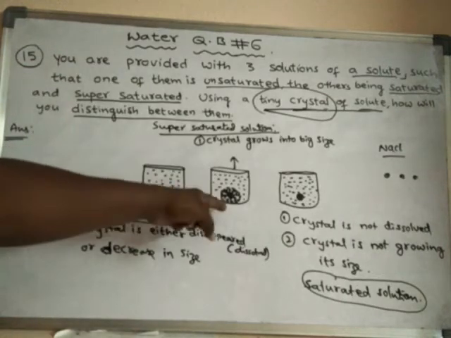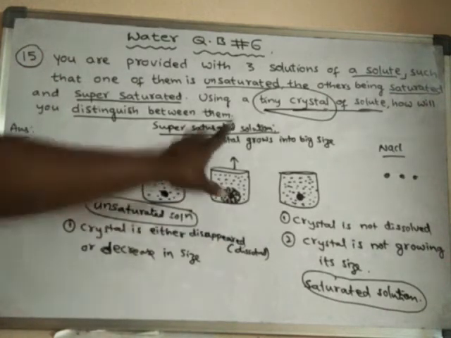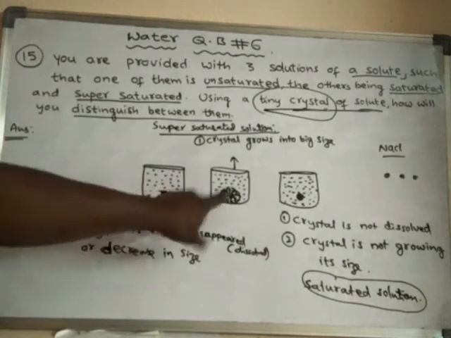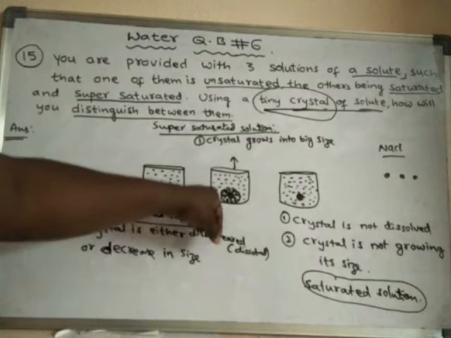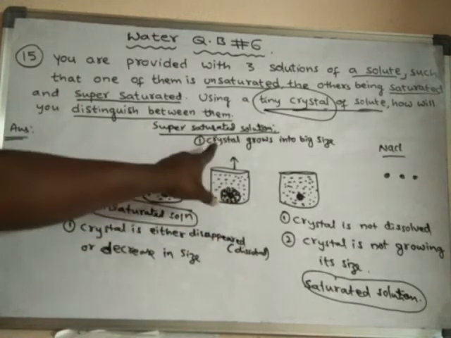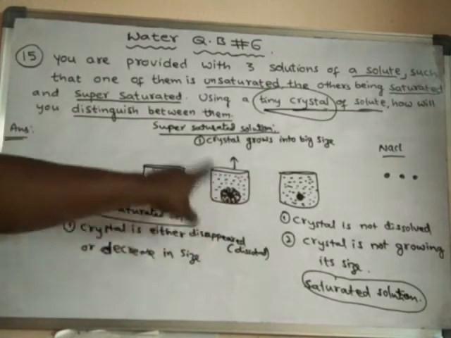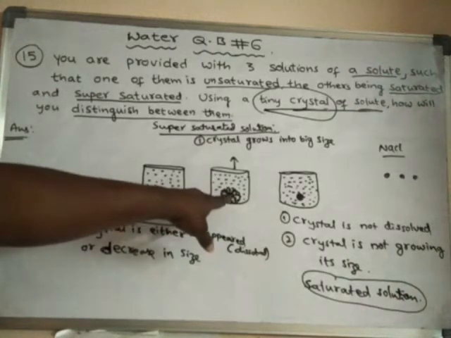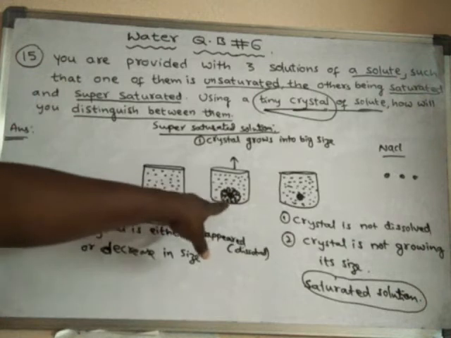A supersaturated solution should not be disturbed. What we have done is disturb this solution by introducing a crystal of solute into it. When a crystal of solute is introduced, the solution is disturbed.